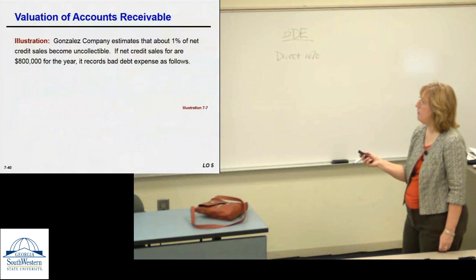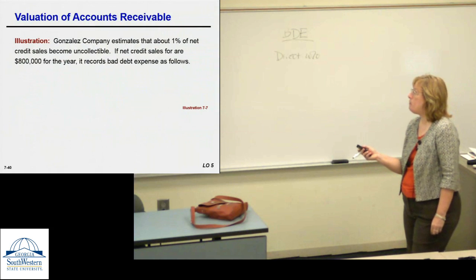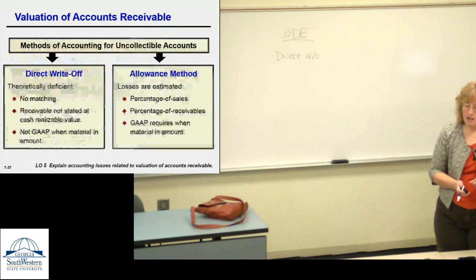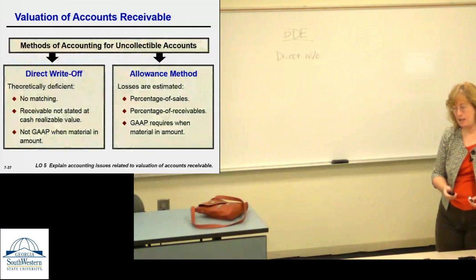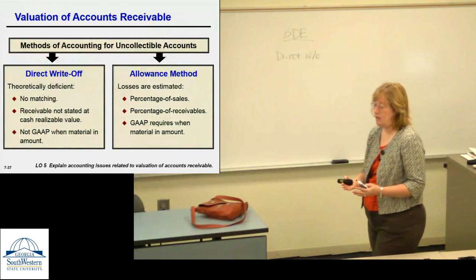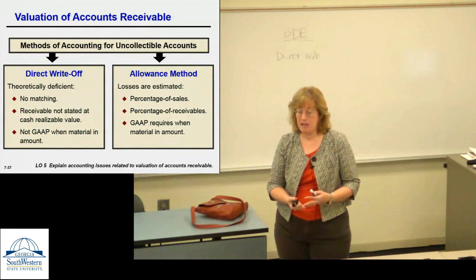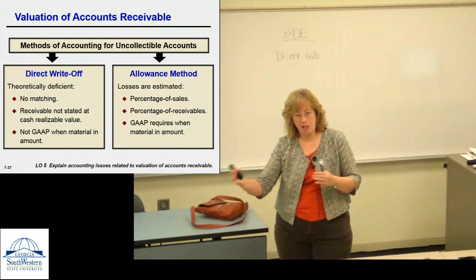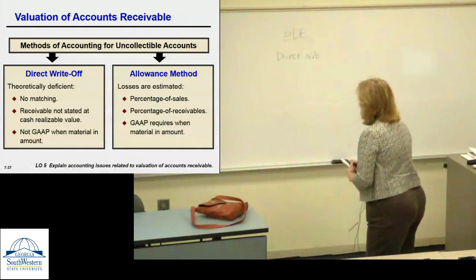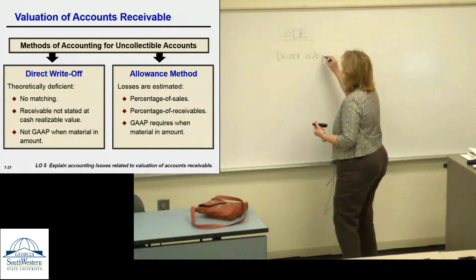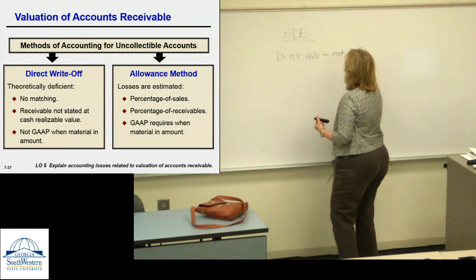Okay, so we write them off directly to bad debt expense. The problem here is we wait for them to become a bad debt, and then we write them off when they do become a bad debt, so the matching is not there. So this method is not GAAP. Okay, so the direct write-off method is not GAAP.